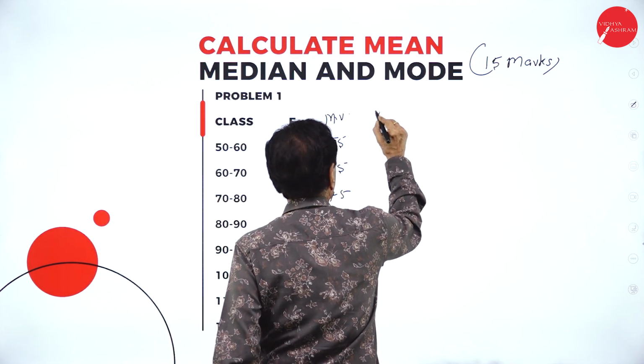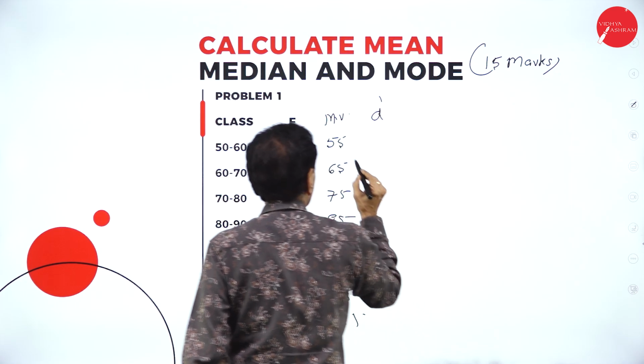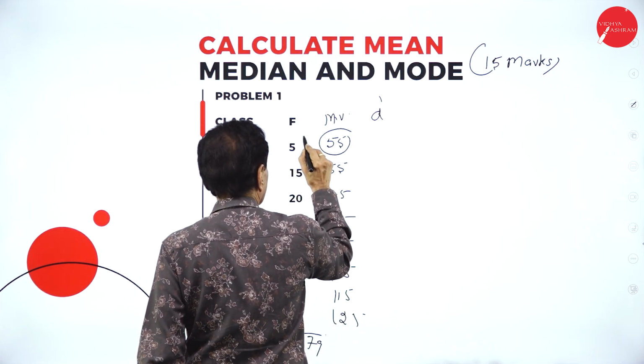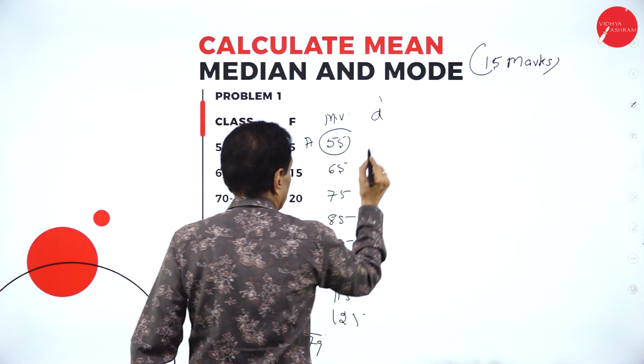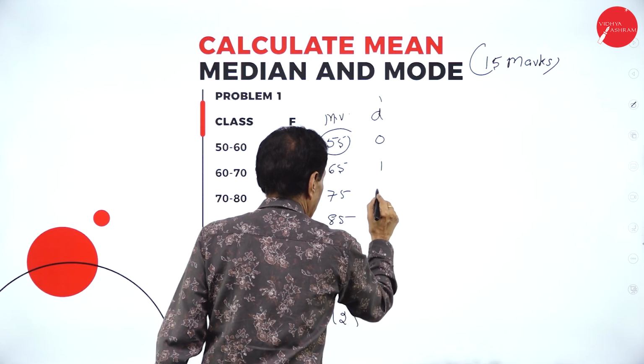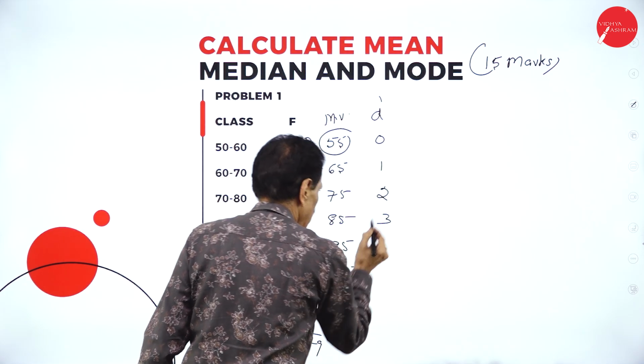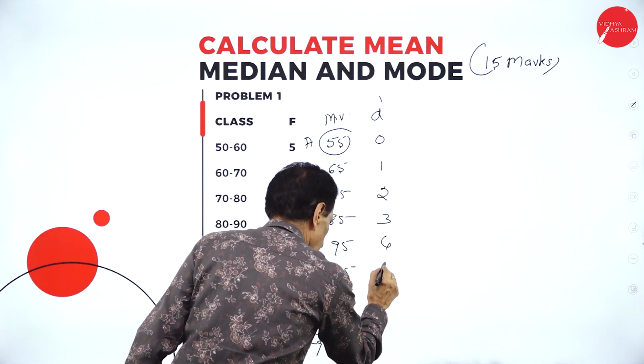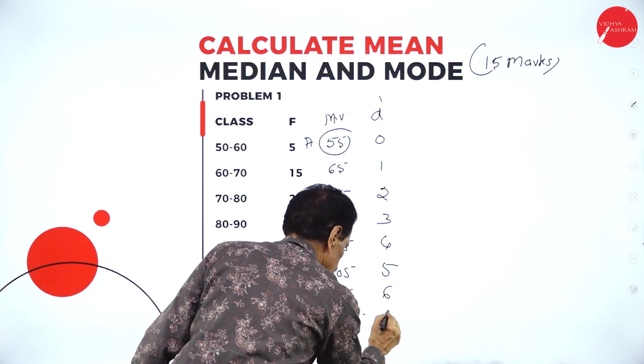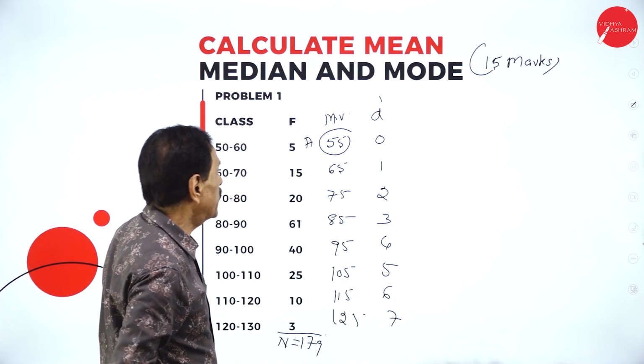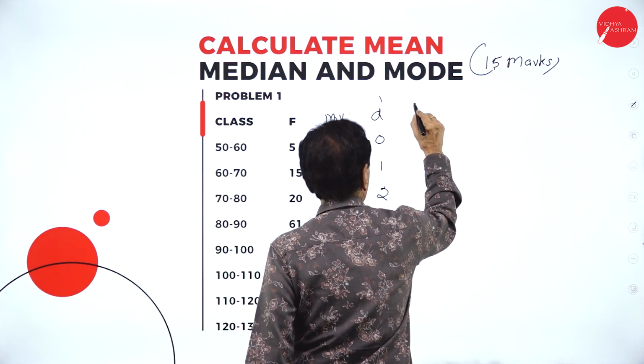Make the d dash. Assume 55 as 0. This is the assumption: 0, 1, 2, 3, 4, 5, 6, 7. Then multiply by f, f t dash.